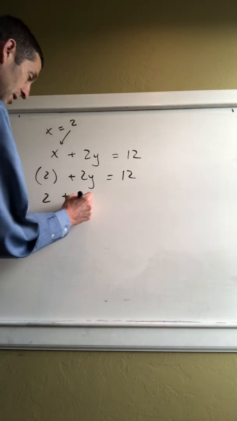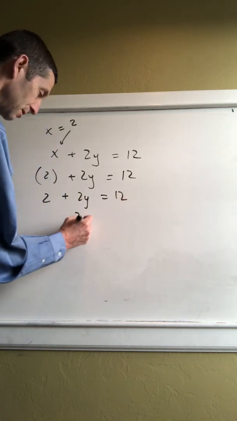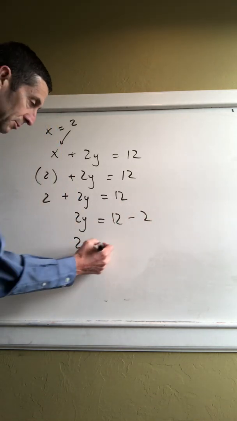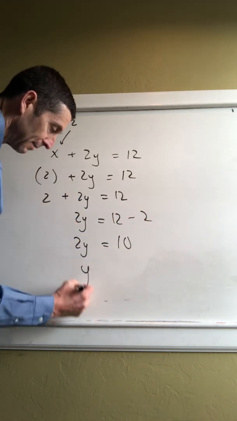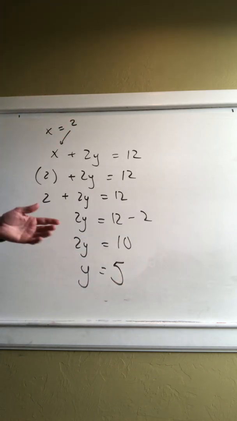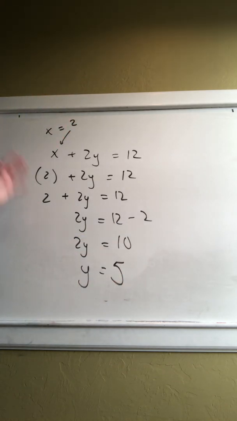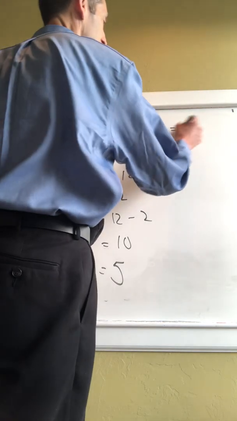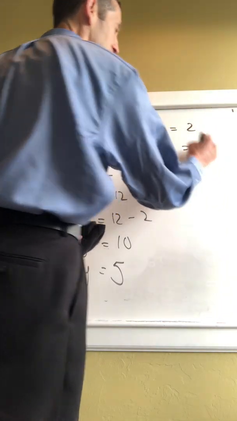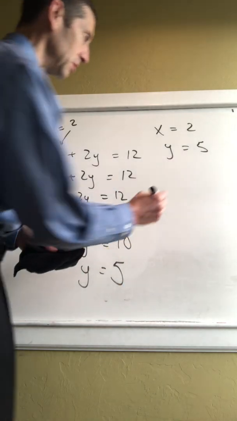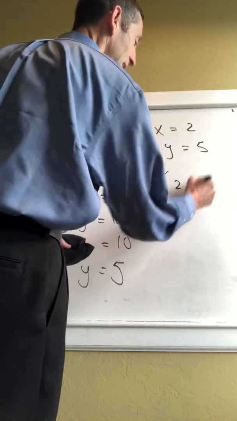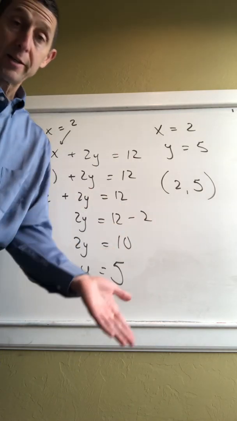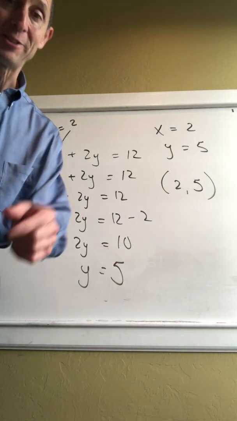So 2 plus 2y equals 12. And let's see what we get here. Looks like 5. So for this problem, x equals 2, y equals 5. And remember, just like we did on substitution, we give our answer as an ordered pair, 2, 5. So this is solving by elimination.